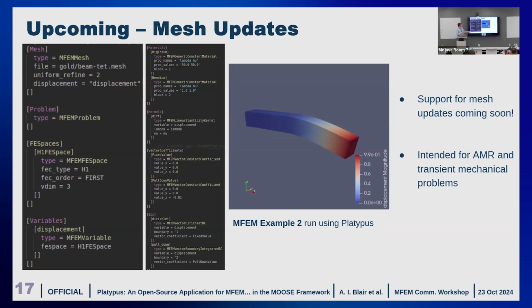Passing in the variable displacement, passing it in to the mesh, that variable being suitable for displacement, and setting out the rest of the integrators and so on appropriately. This is step 1 in our plan for adding in the mesh updates where needed for transient problems and AMR, making sure we can communicate to the mesh when we want it to update.